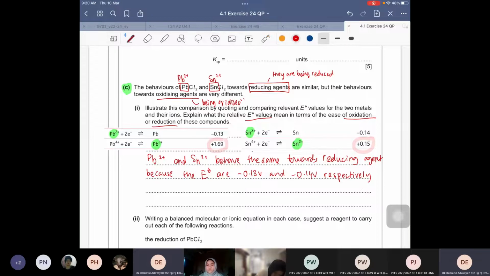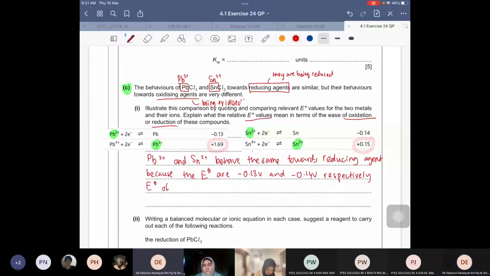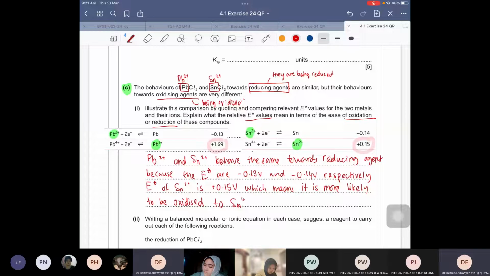Okay, so we will mention that the E node of Sn2 plus is positive 0.15 volt, which means it is more likely to be oxidized to Sn4 plus compared to Pb2 plus, which has an E node of 1.69.